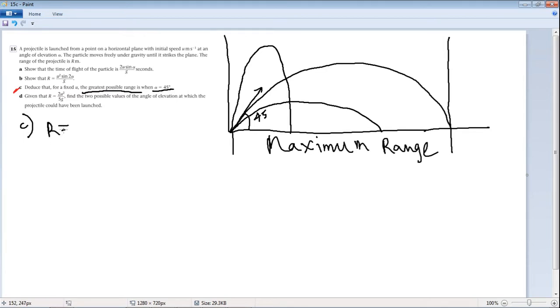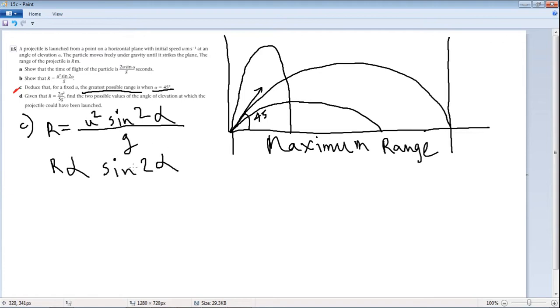So let us copy this equation: U squared sine twice alpha divided by G. If you have noticed, range is directly proportional to sine twice alpha. We are ignoring U squared and G, and we can see that range is directly proportional to sine twice alpha.